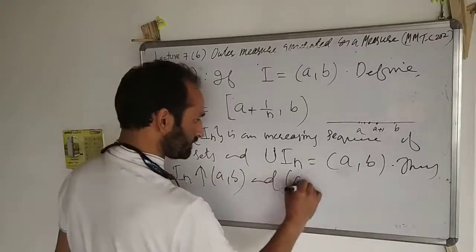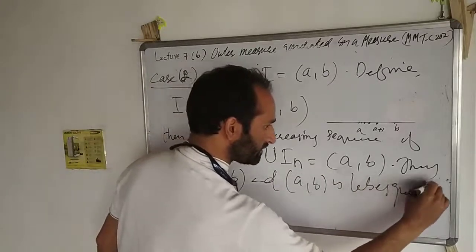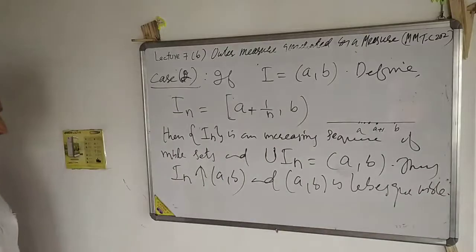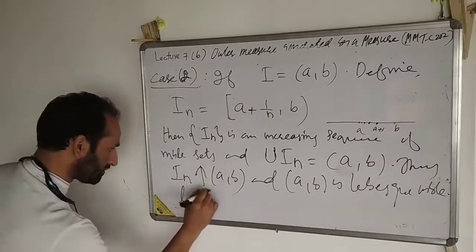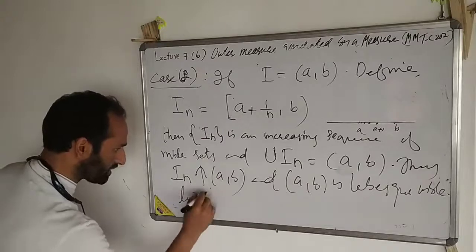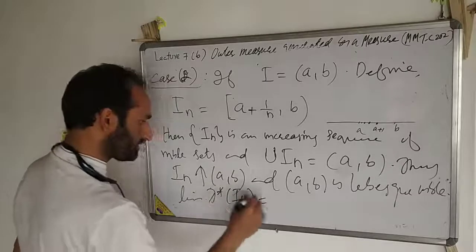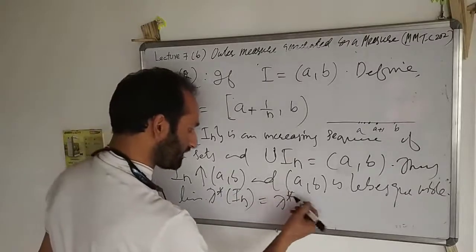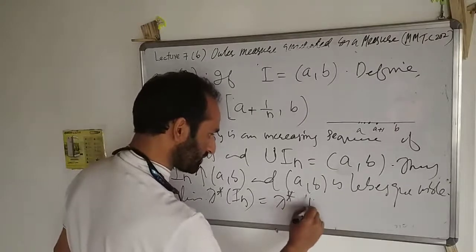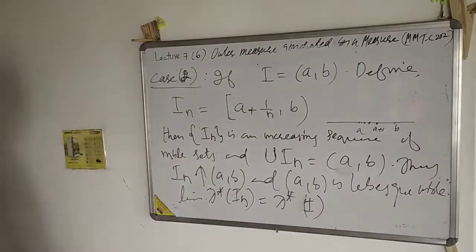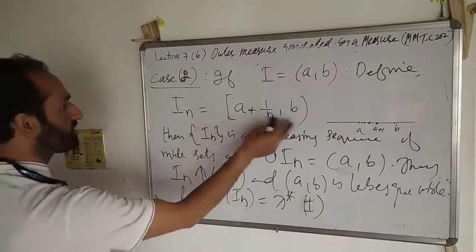and (a, b) is Lebesgue measurable. And one more thing is that the limit of the Lebesgue outer measure of I_n is equal to the Lebesgue outer measure of I, where I is the open interval (a, b). But the Lebesgue outer measure of I_n, a semi-closed interval, is equal to its length.